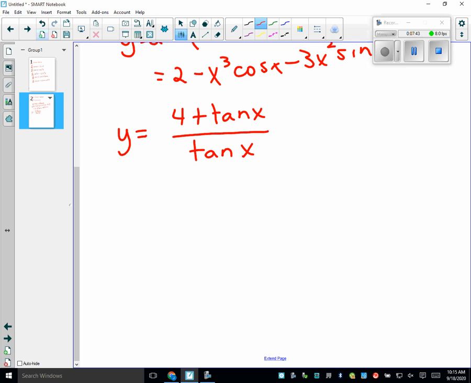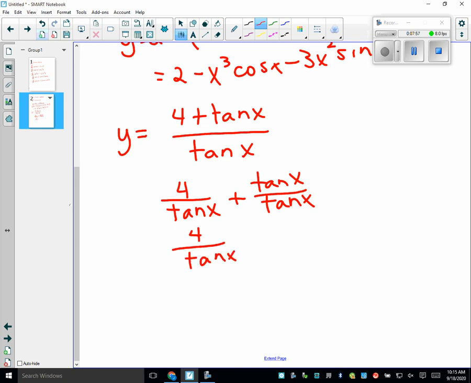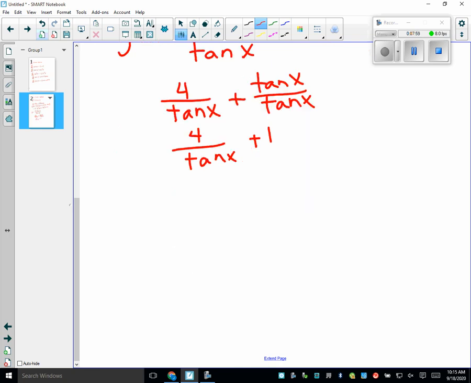Isn't this 4 over 10x plus 10x over 10x? So 1. So 4 over 10x plus 1. Now we have to do quotient rule anyway. What's the quotient rule? The bottom, 10x, times 0, so technically 0.